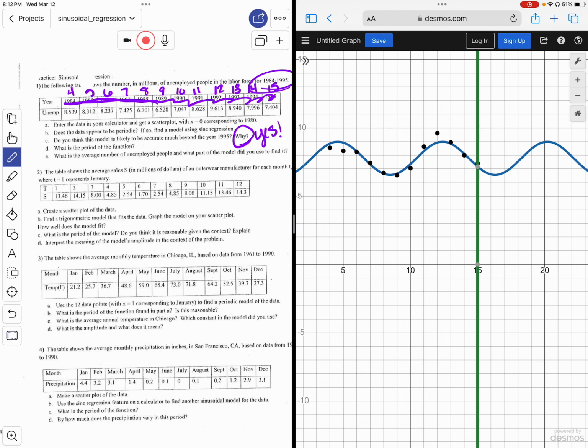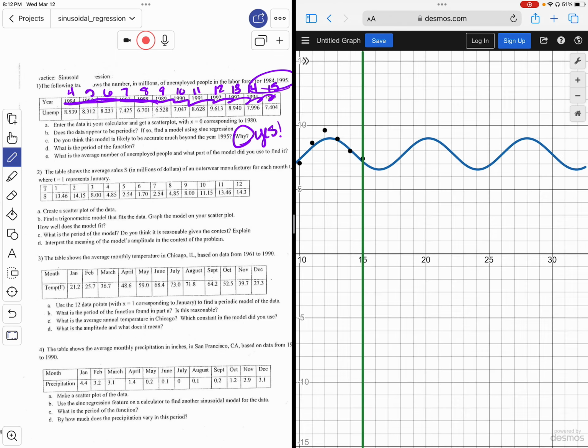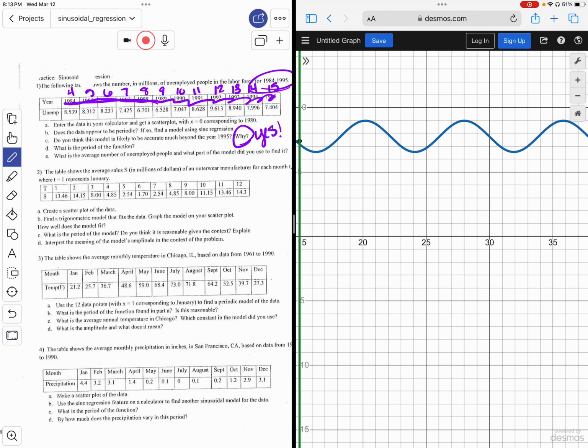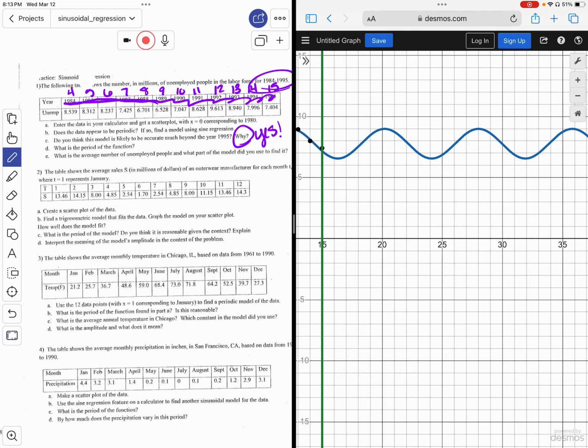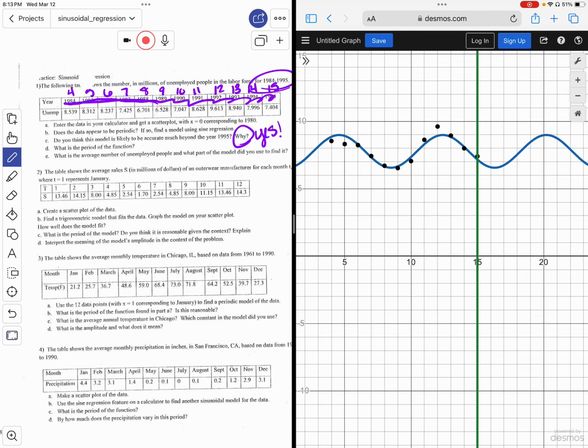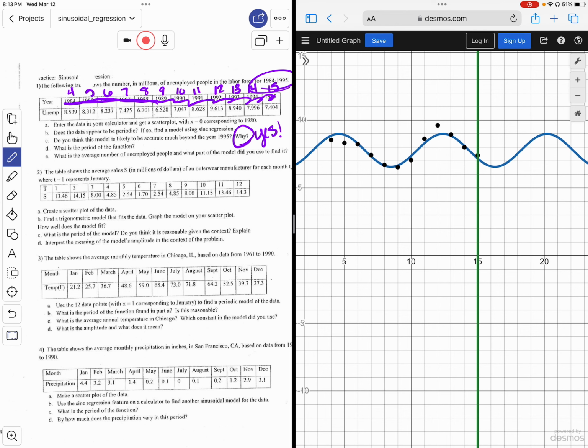And then why? Well, those black dots follow closely to this pattern. Again, not perfect, but very closely, which means that when we move outside of the window of those black dots, that pattern still happens over and over. This is also why we spend a long time studying American history.